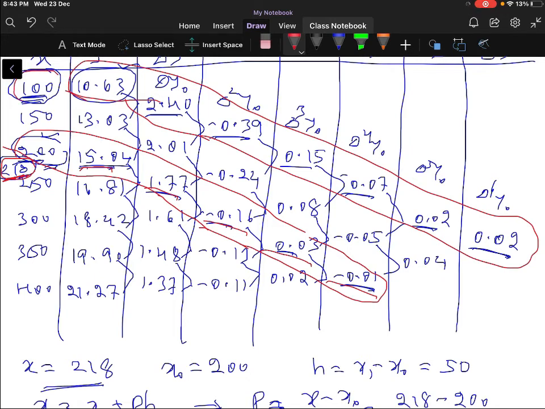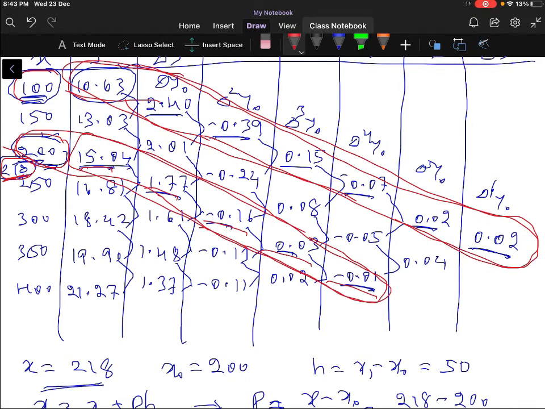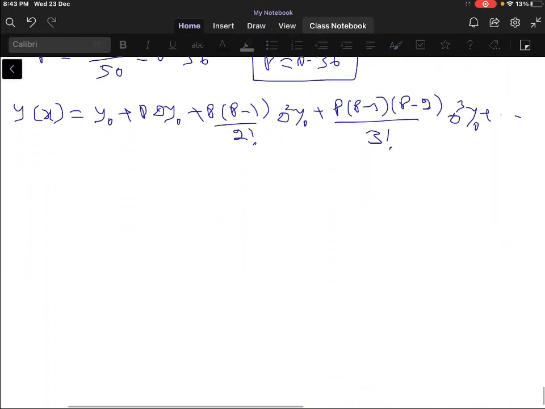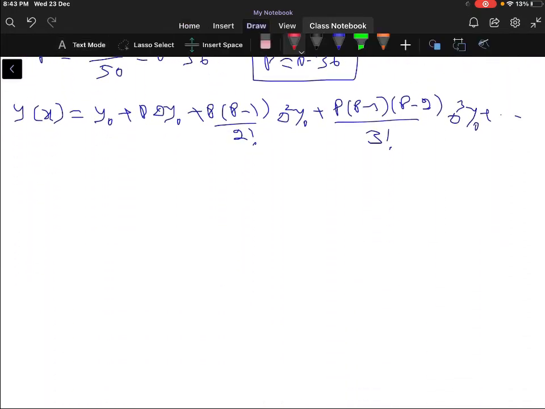Or if I take the initial value of x as 100, these are the leading forward differences. So now let me take the initial value x naught as 200. So let us move to the formula now.